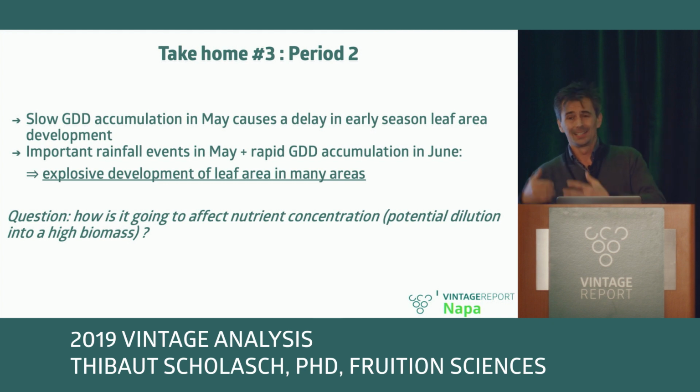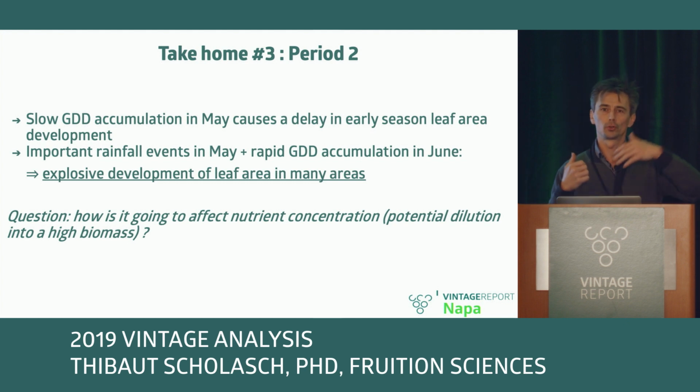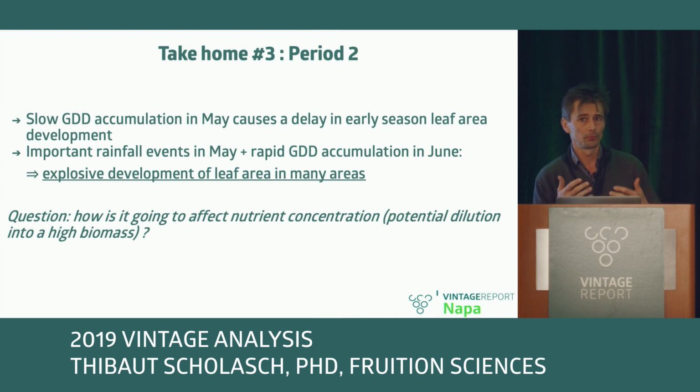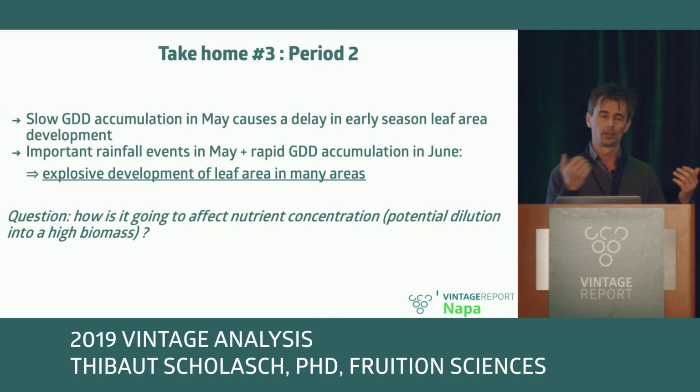Or actually, is there enough nitrogen to compensate for the slow and delayed leaf elongation period? It's something we could not guess. At this point, when we were in the solstice, I couldn't say if the year was going to be conducive to nitrogen deficit, or if the initial pool being high due to the high winter rain was actually going to compensate for the slow and delayed leaf area growth.